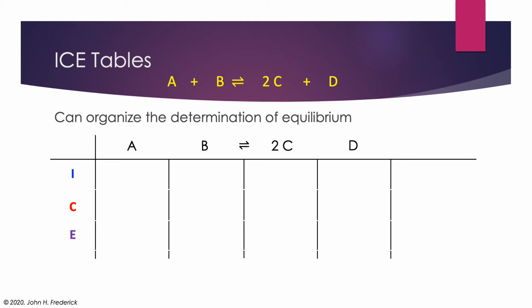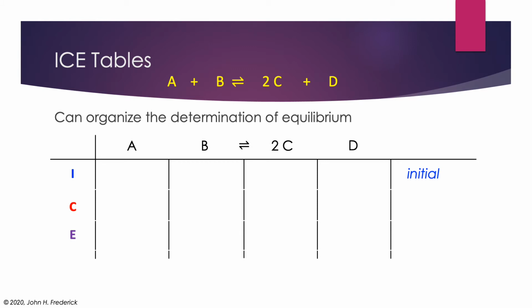We list the reaction species across the top, and there's going to be one column for each of the reaction species. On the far left, I've got three letters, ICE, and that's where the term ICE table comes from, but it's not talking about solid water. It's talking about a different kind of ice. It's an acronym, and it stands for the following. The I stands for initial.